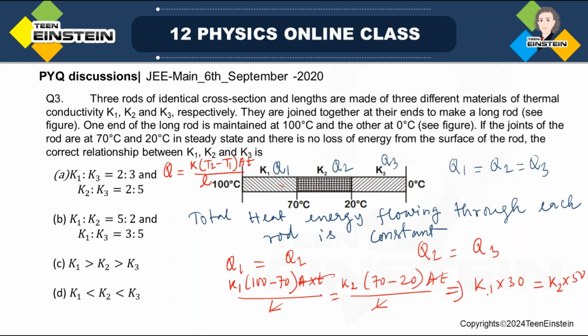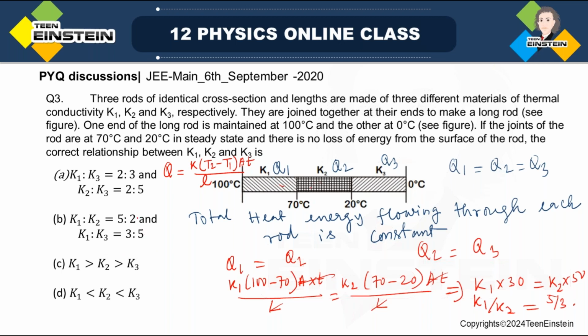So now we get a relation between K1 and K2. K1 by K2, what do we get? We get 5 by 3. So I'll check where there is 5 by 3, K1, K2. I have to cross check these options.